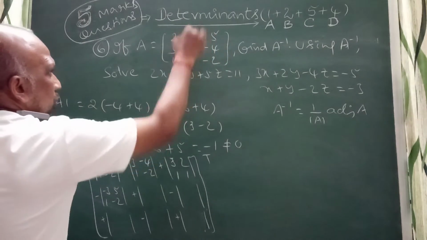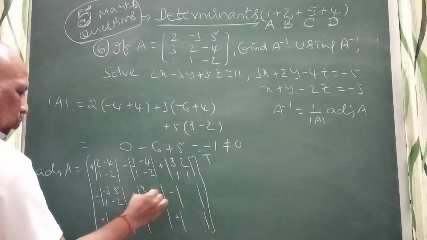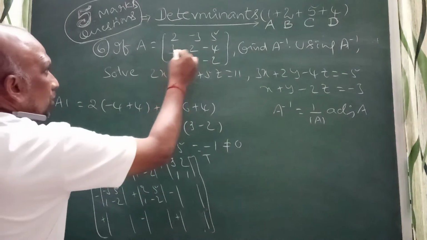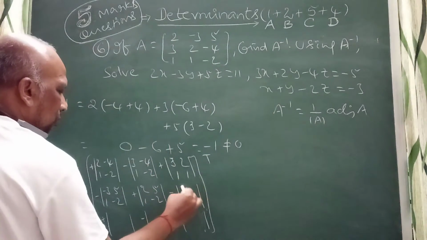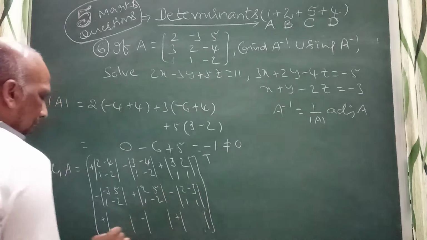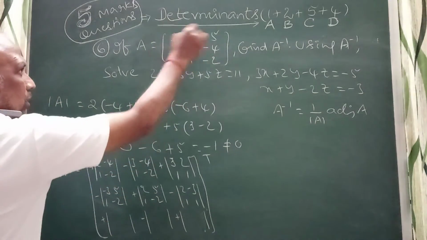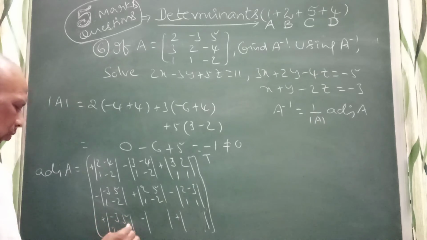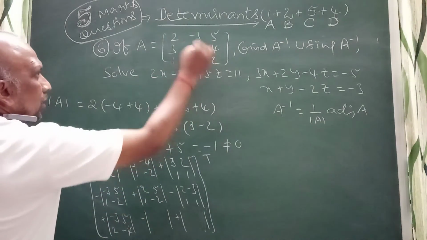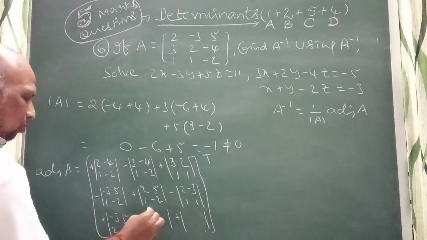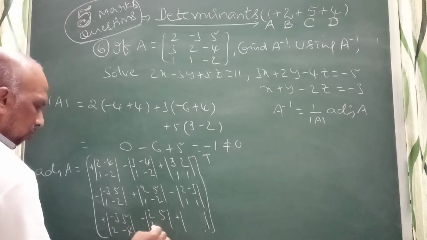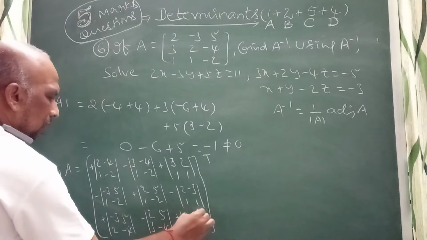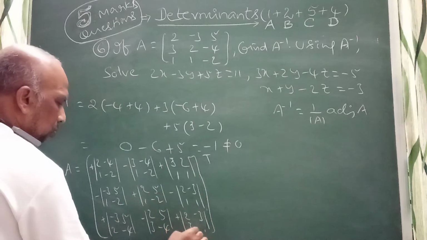And this one, 2, 5, 1 minus 2. Leave this row and this column, 2 minus 3, 1, 1. Coming to here, minus 3, 5, 2 minus 4. Leave this row and this column, 2, 5, 3 minus 4. Here, 2 minus 3, 2, 3.